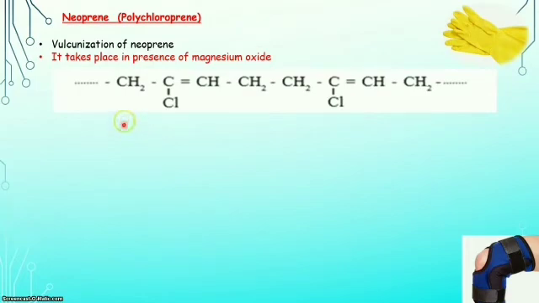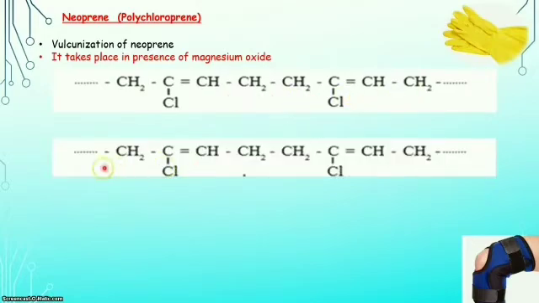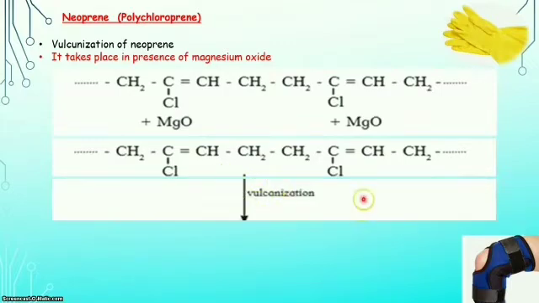For that we required a polymeric chain of neoprene. Here is the one polymeric chain of neoprene. This one is the second polymeric chain of neoprene. Both the polymeric chain undergoes vulcanization process in presence of magnesium oxide.